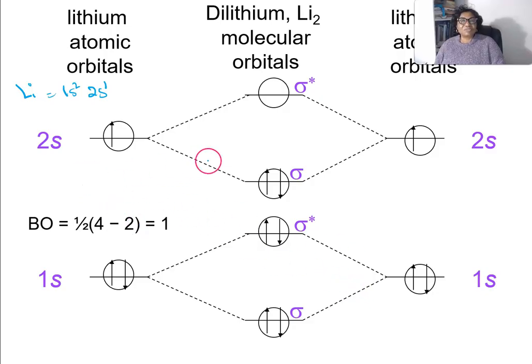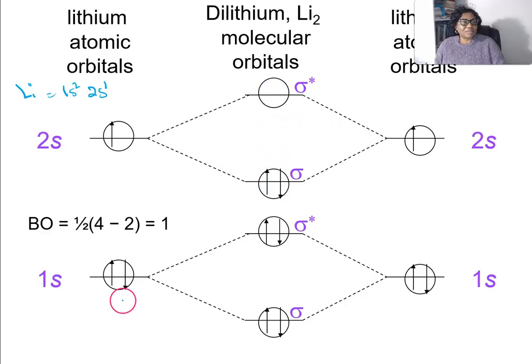Then they mix the 2s and they form the sigma bonding and the anti-bonding. Now they have 6 electrons. They want to distribute them in all these orbitals. They start filling. They put 2 here, another 2 here, 2 here. And this one does not have any.